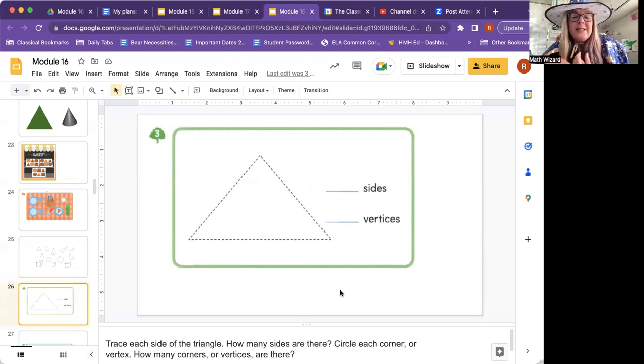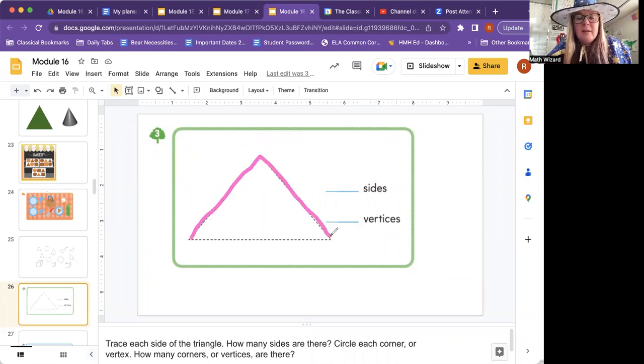All right. Trace each side of the triangle. How many sides are there? 1, 2, 3. 3 sides. Now, here's that big fancy word, how many vertices?